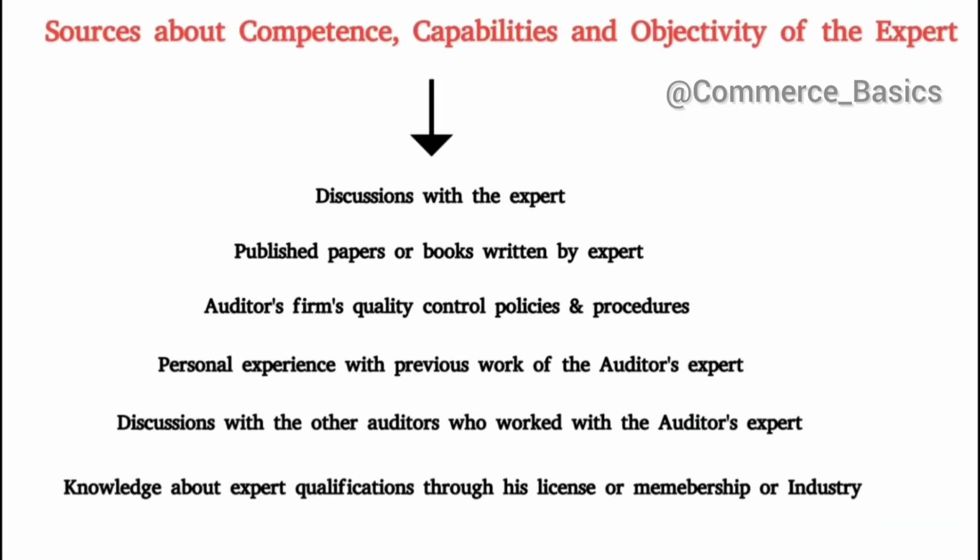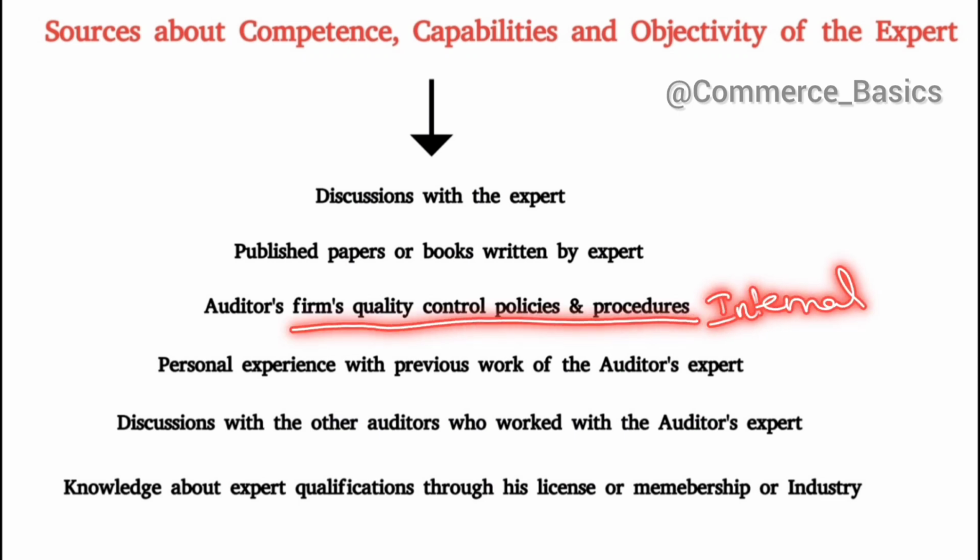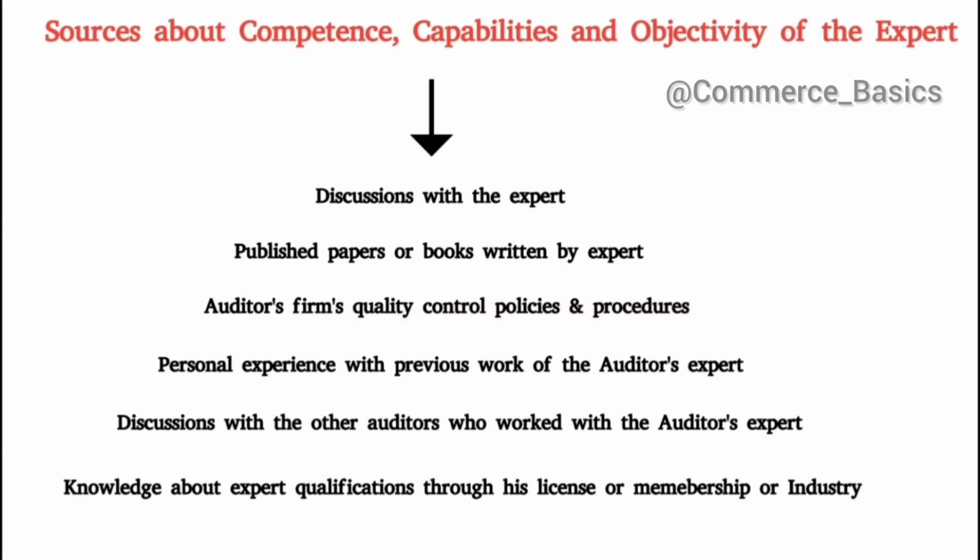To evaluate competence, capabilities, and objectivity, what are the sources that the auditor has? First, he can discuss with the expert directly, or if the expert has published books or papers, he can read those. If he is an internal expert, then using the firm's quality control policies and procedures, we can get to know.